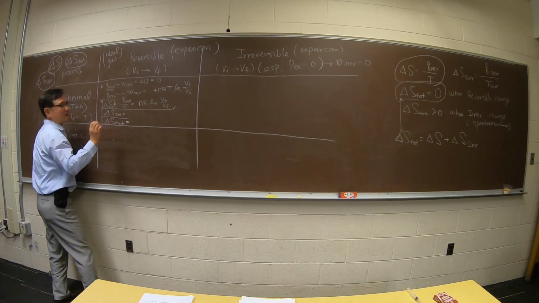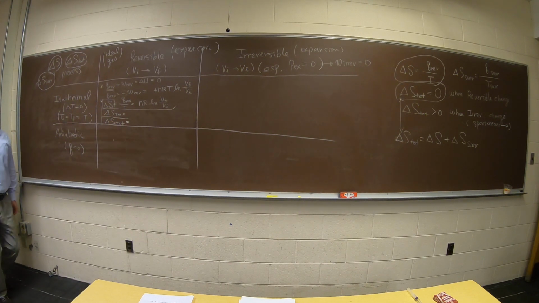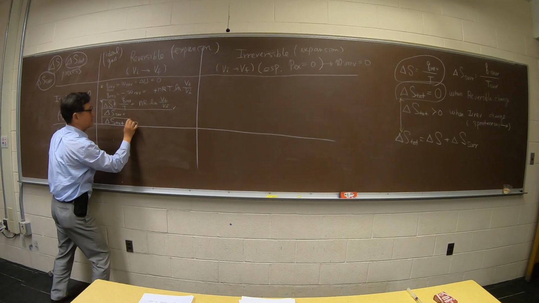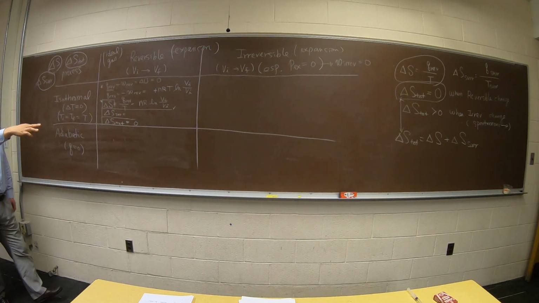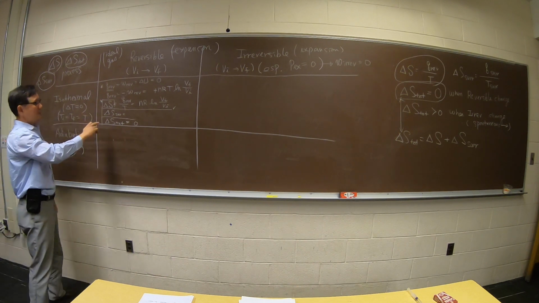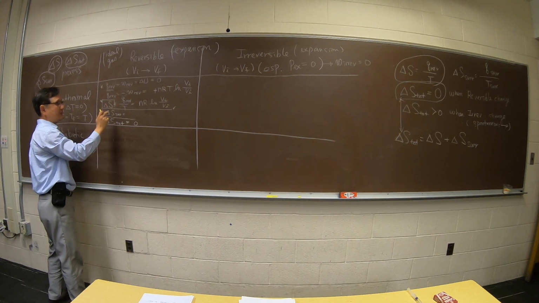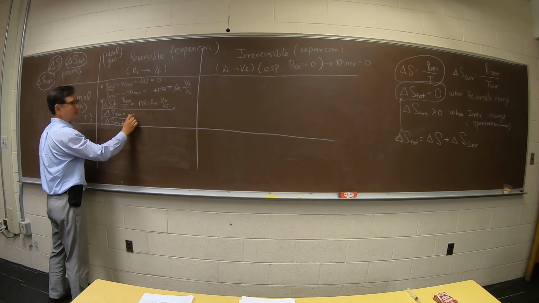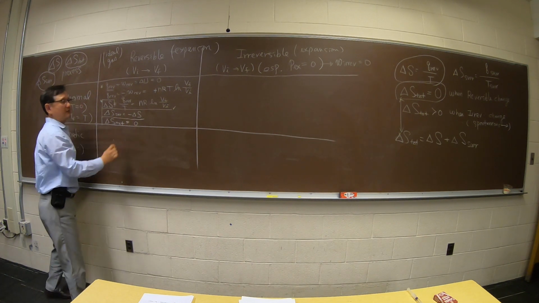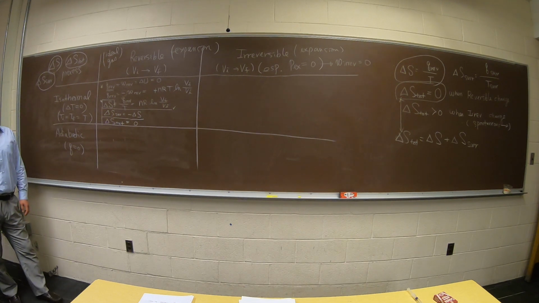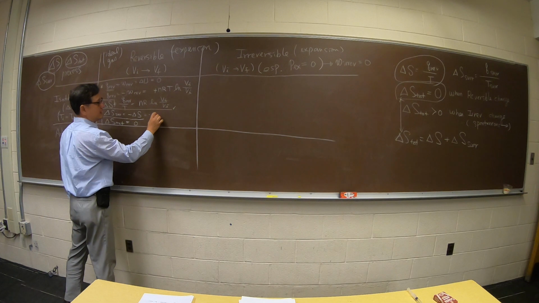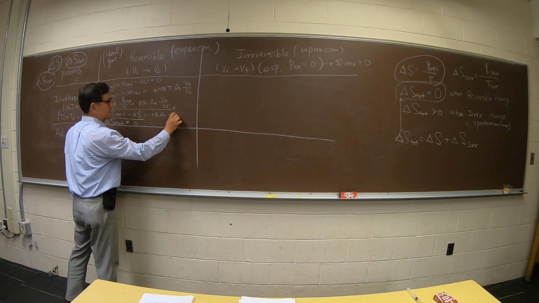What's my delta S total? 0, because it's reversible. Using the equation, this is delta S plus delta S surrounding, so that must be minus delta S. That's how we do it. So if you need an equation, that will be minus nR natural log of VF over VI.